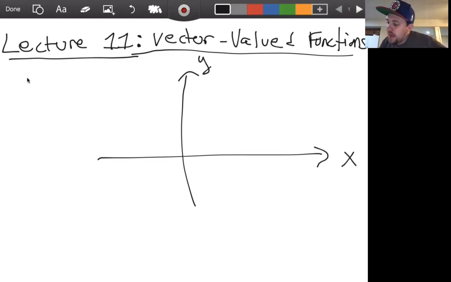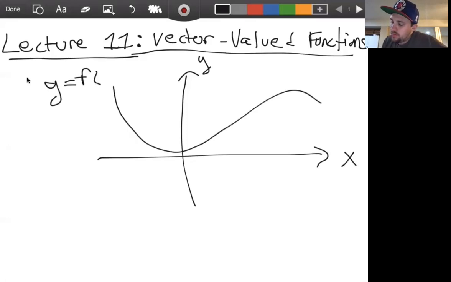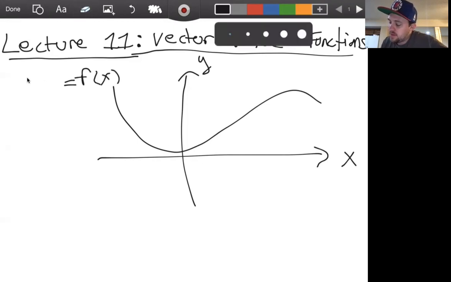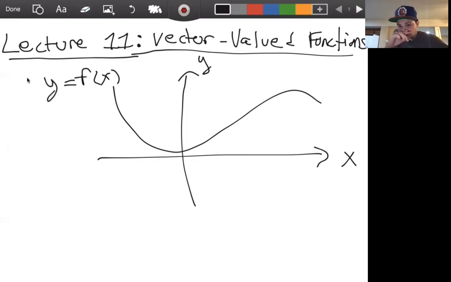And we have some curve, right? y equals f of x is some curve in the plane. You tell me an x value, and then the function eats the x value and it spits out the y value, right? So how do functions work? They eat a real number.